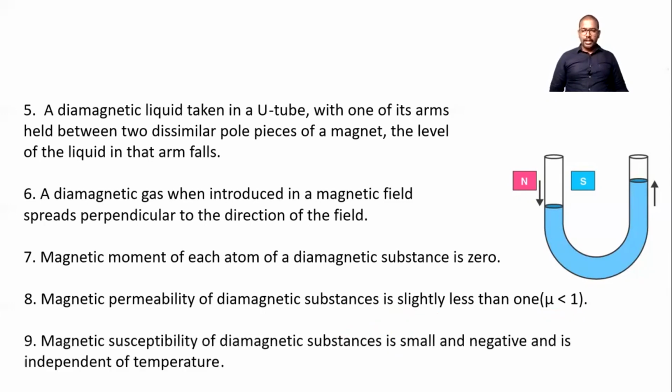Now, magnetic susceptibility. Susceptibility is small and negative, and is independent of temperature. You can write it as a separate property also: the magnetic susceptibility of a diamagnetic substance is independent of temperature. Susceptibility and temperature, no relation.